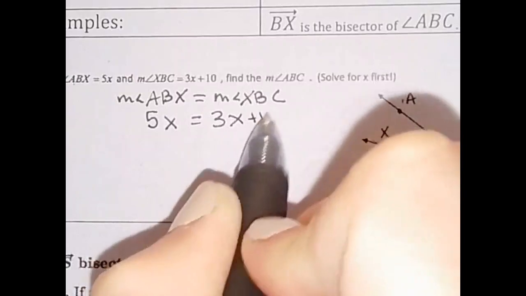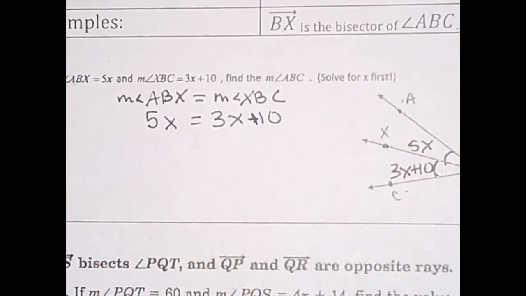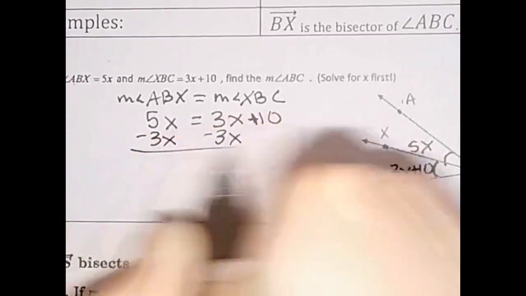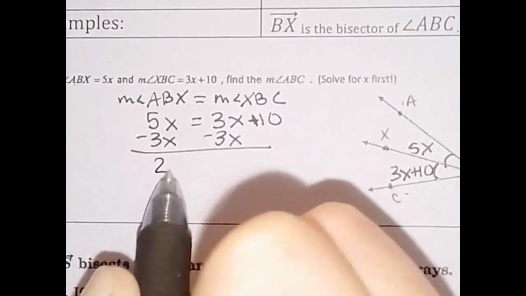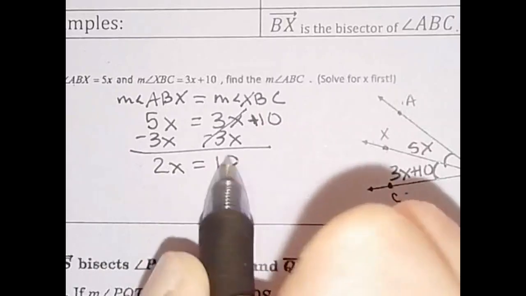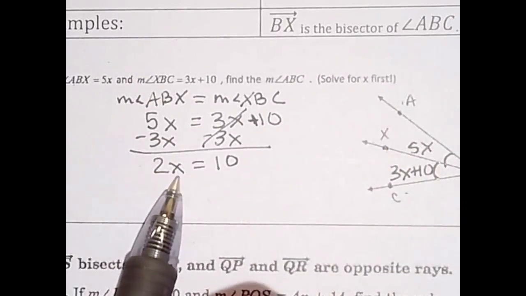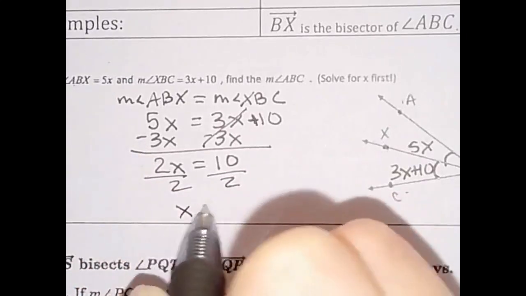It's a two-step equation from here. Subtract 3x on both sides. On the left, 5x minus 3x is 2x, equals, on the right, the 10 drops down. 2 and x are multiplied, so I undo that with division. So x equals 5.